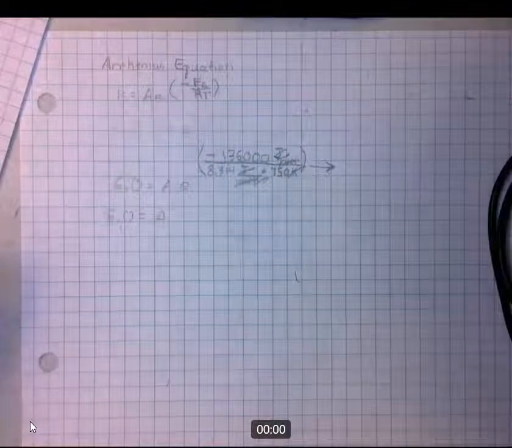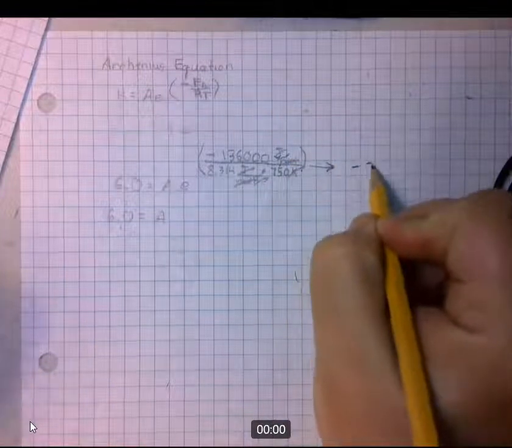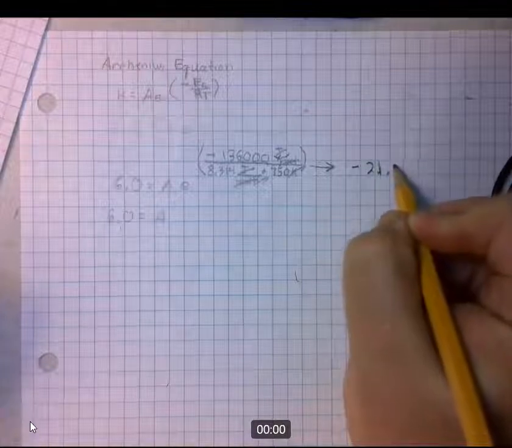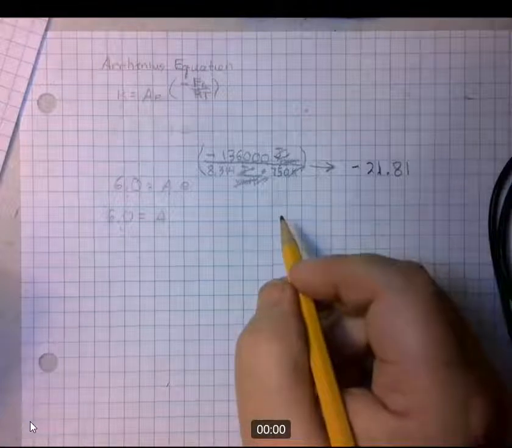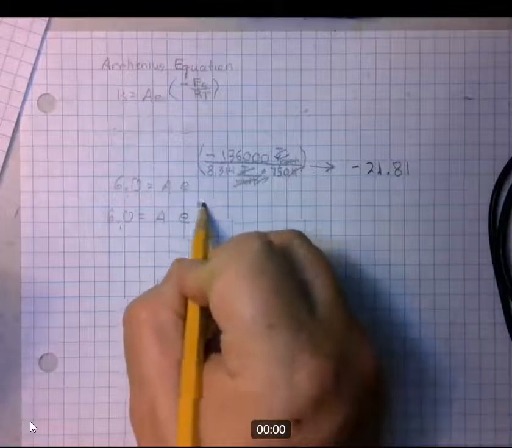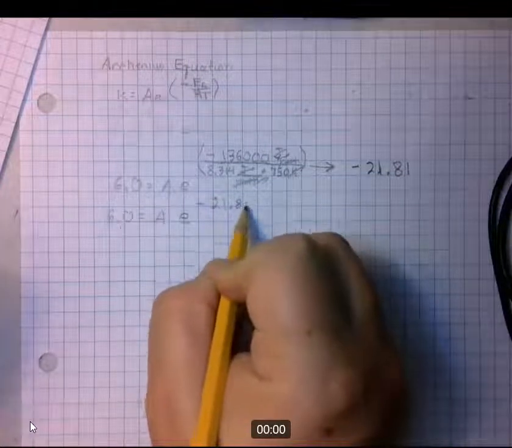So it's negative 136,000 divided by 8.314 divided by 750. And that's going to give us negative 21.81. Okay, so now what we have is A times E to the negative 21.81.